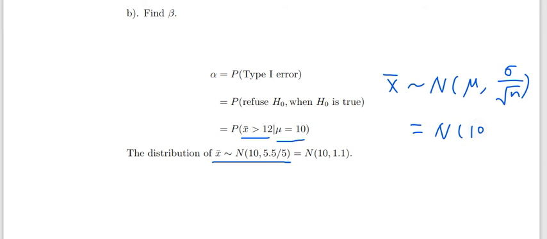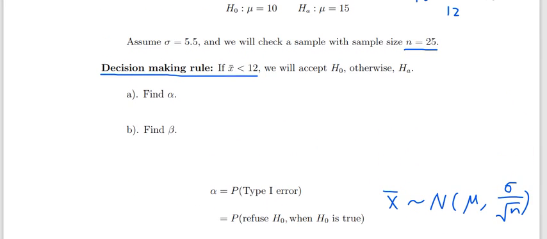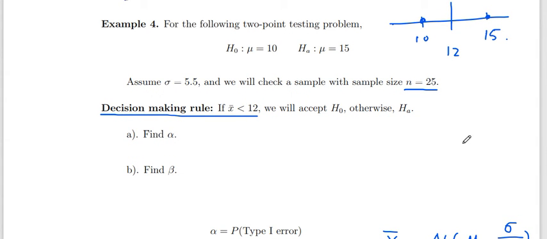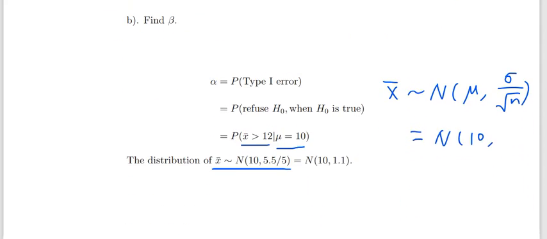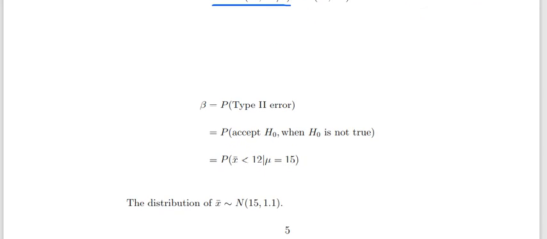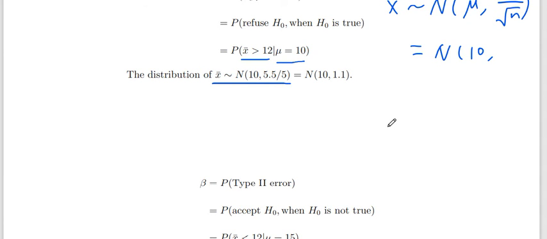Let's assume that sigma is 5.5, divided by radical 25.